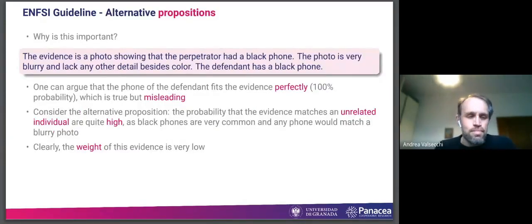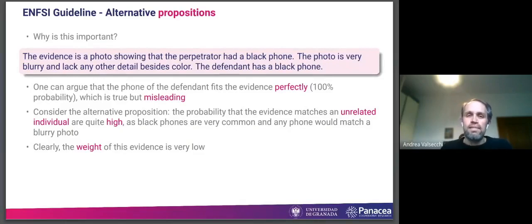Okay, this might look pretty obvious, and I want to highlight why this is important. So I give you a very extreme example. Say that the evidence is just a photo that shows that the perpetrator had a black phone. The phone is very blurry, and we cannot see any detail of this phone beside the color.